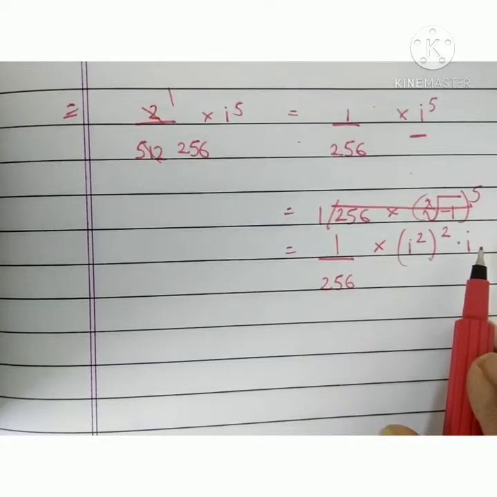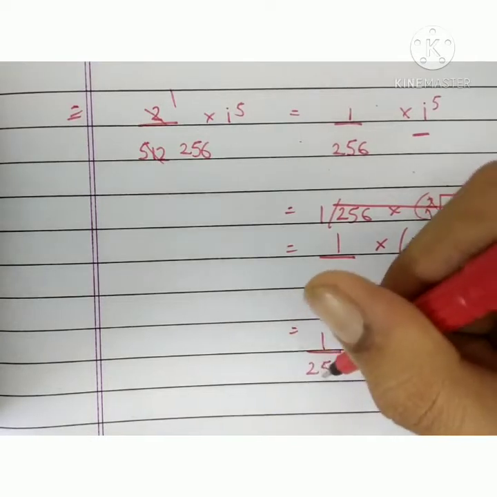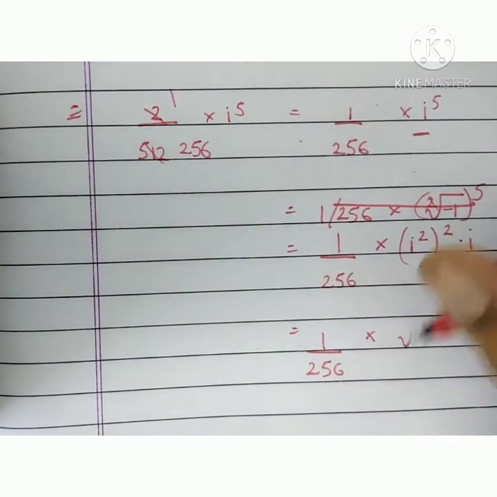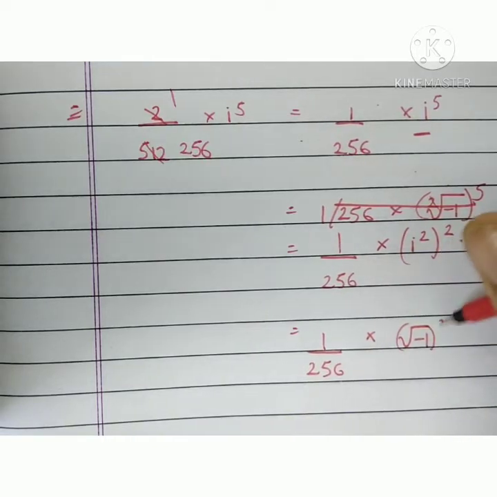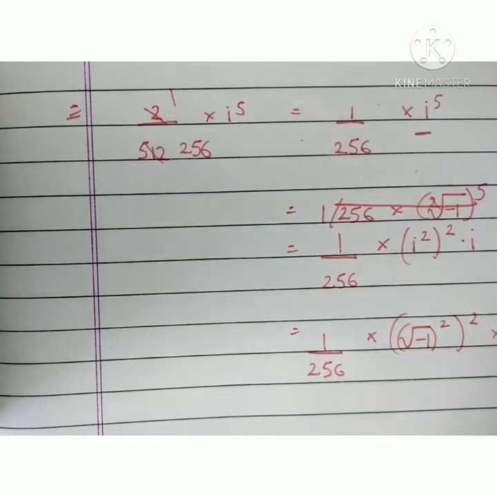But just to make my calculations easy, I have chosen this method. So it is i raised to 4 multiplied by i as it is, so what it would be: root minus 1 squared, multiplied by i as it is.